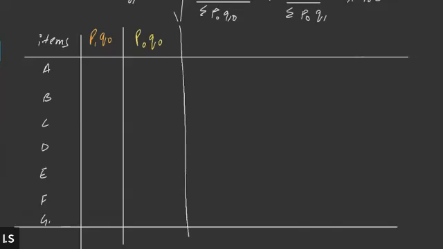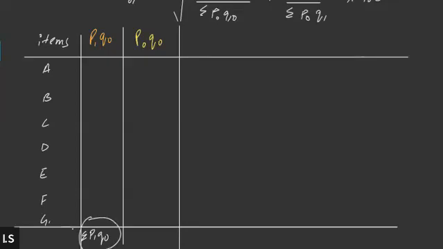Yes, sir. Okay. So when you multiply P1 with Q0, after multiplying the price of all the items with the quantity of the base year of all the items, then you will total all the P1 Q0, and you will get sigma P1 Q0. You will put this value into the formula.